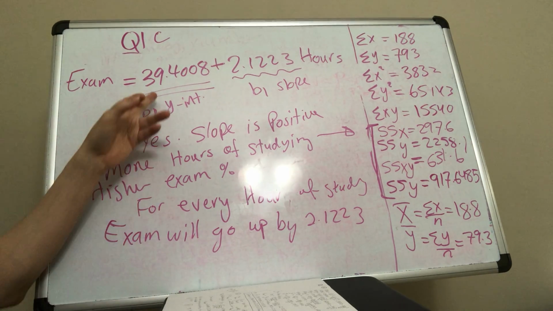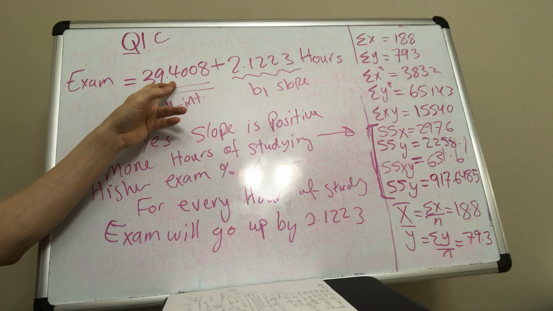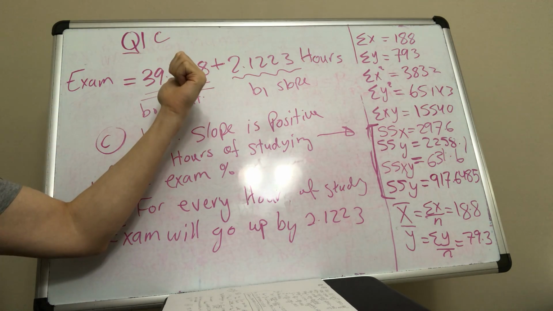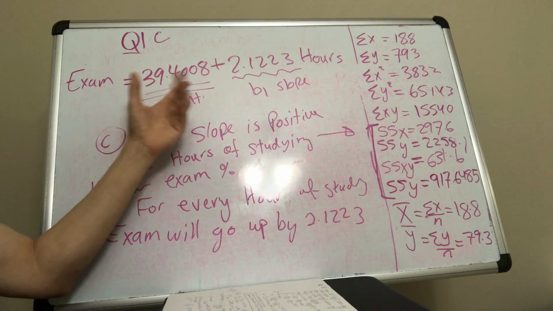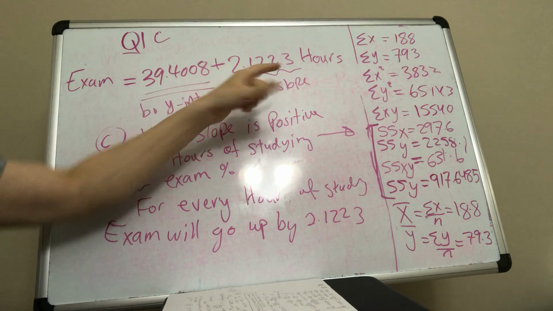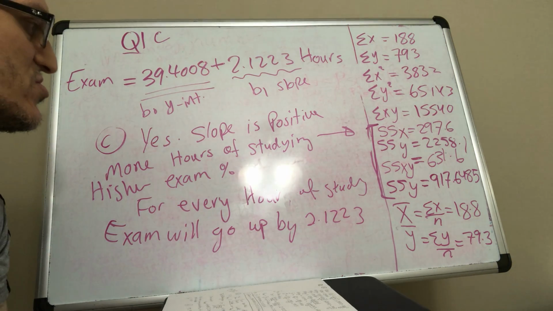And if they ask you what this number is, the intercept, this means if someone spends 0 hours, then his or her exam score is 39. So this is the starting point. Spending no hours, exam is 39. Every hour you spend, exam will go up by 2.1223.